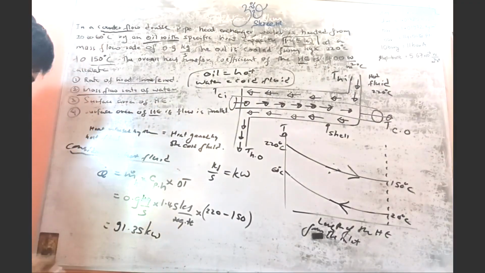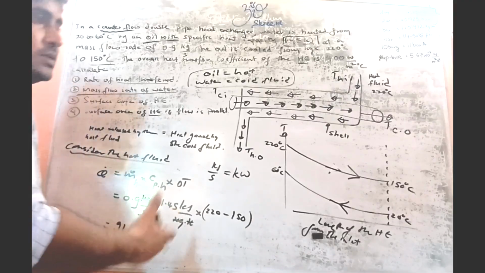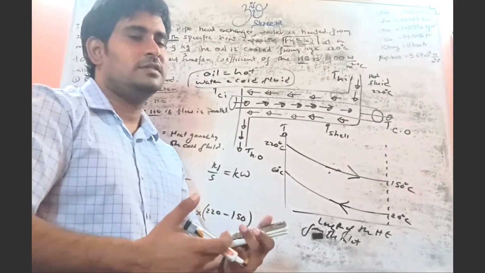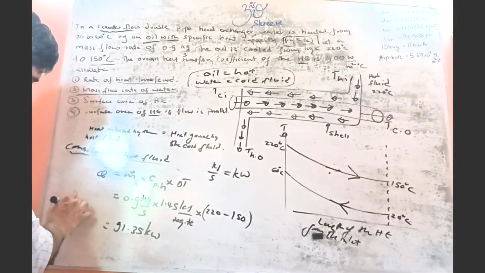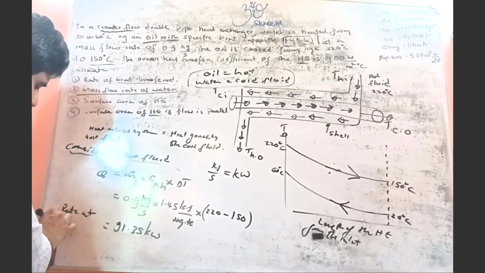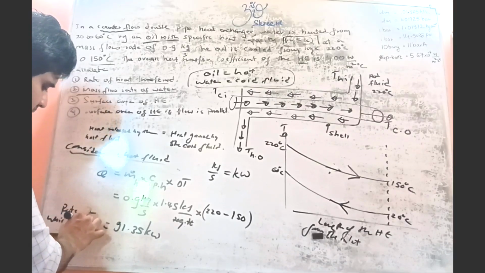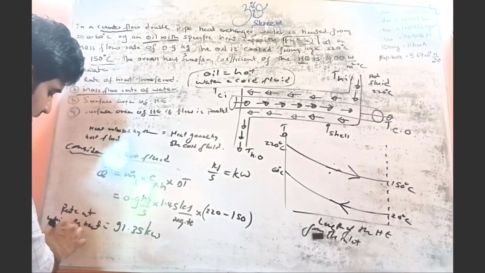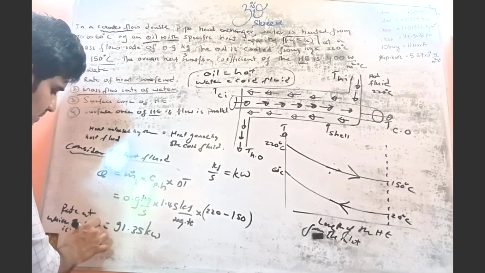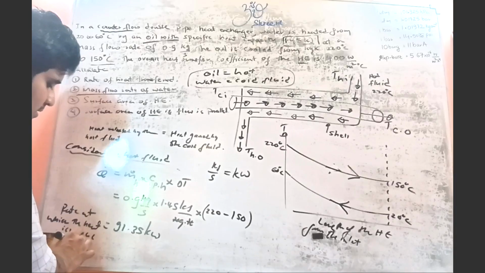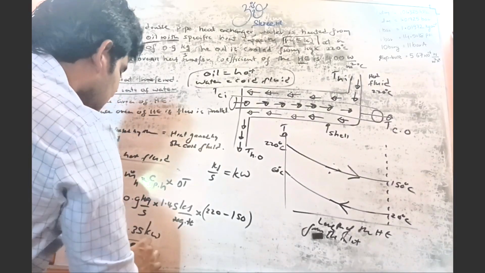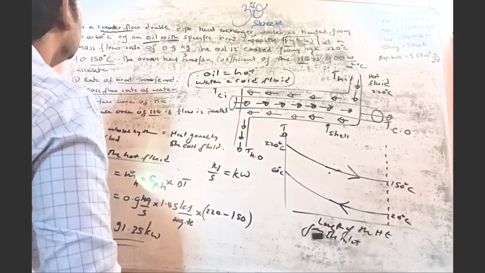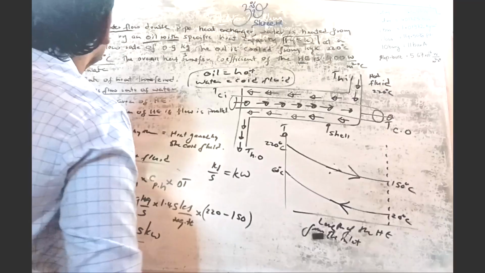That means the rate at which the heat is released by the hot fluid. So it is 91.35 kilowatts. So what is the answer to the first part?